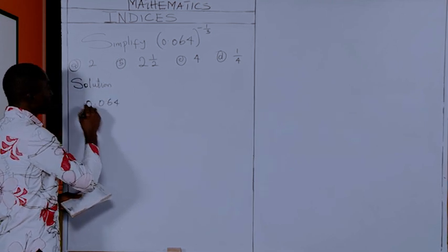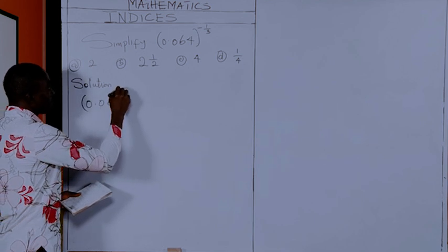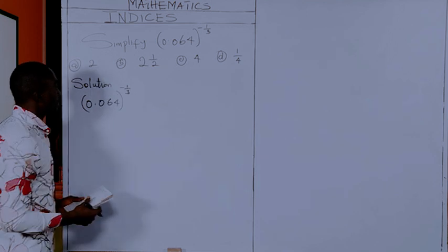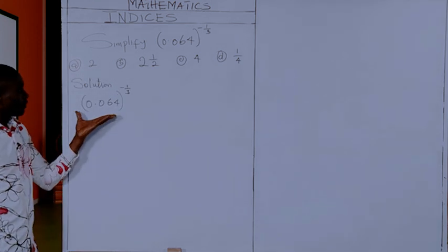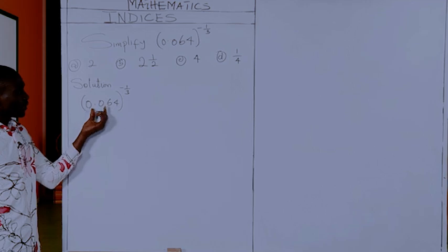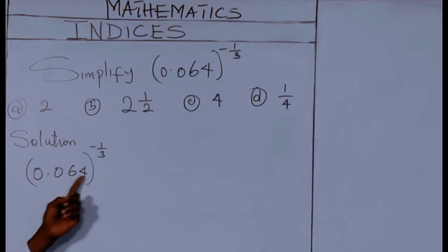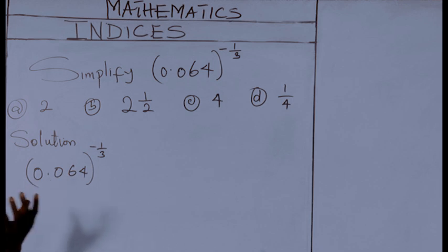We have (0.064) all raised to the power of minus 1 over 3. First of all, the base is 0.064, which is not a whole number.